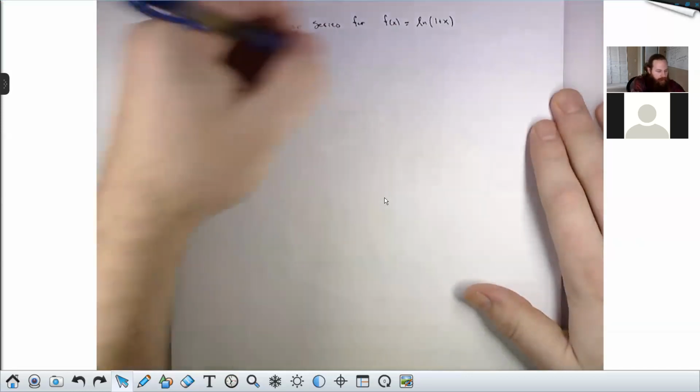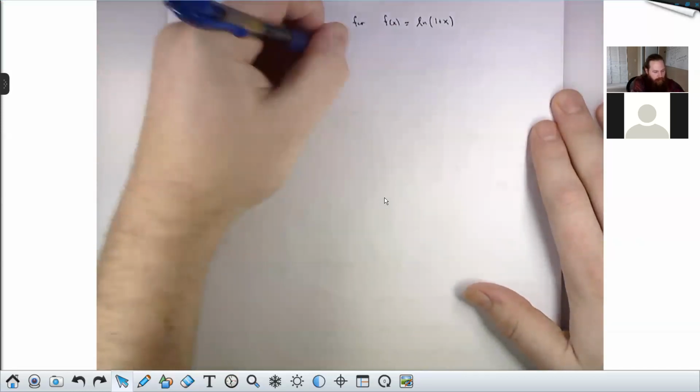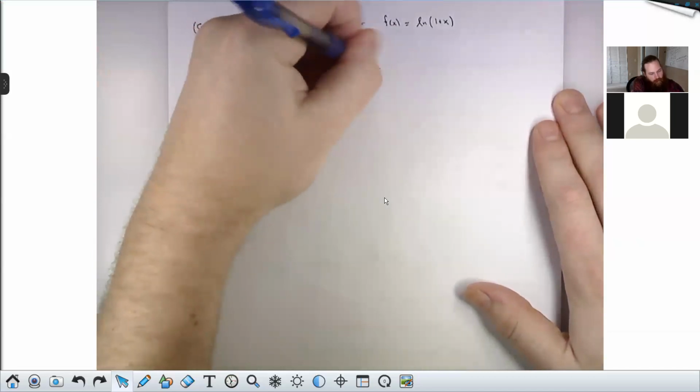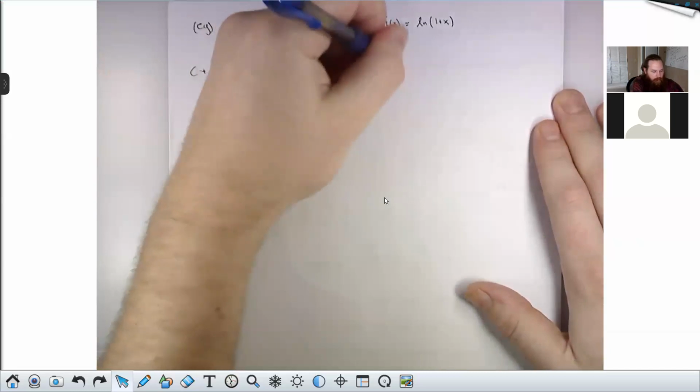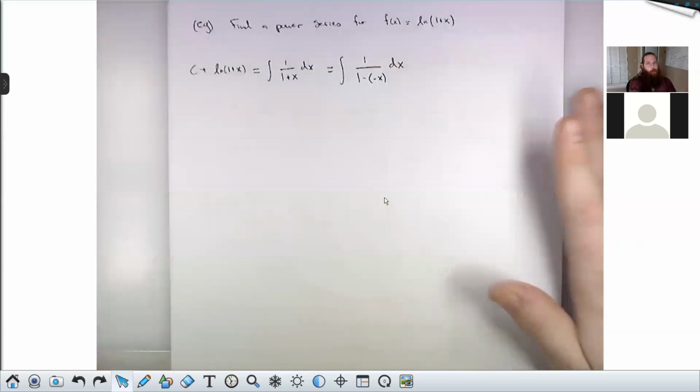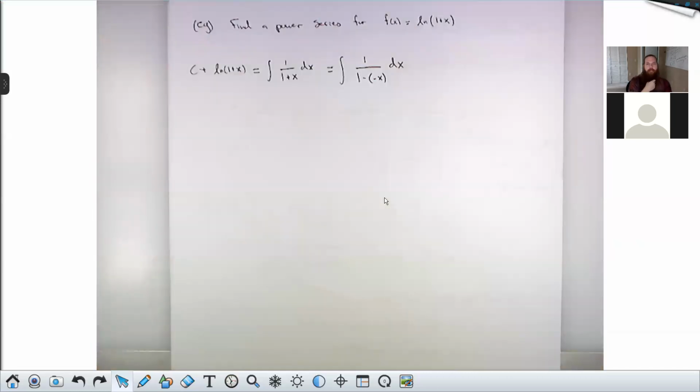Now 1 over 1 plus x, that's 1 over 1 minus negative x. So the stuff inside the integral here, I can write as 1 over 1 minus r.